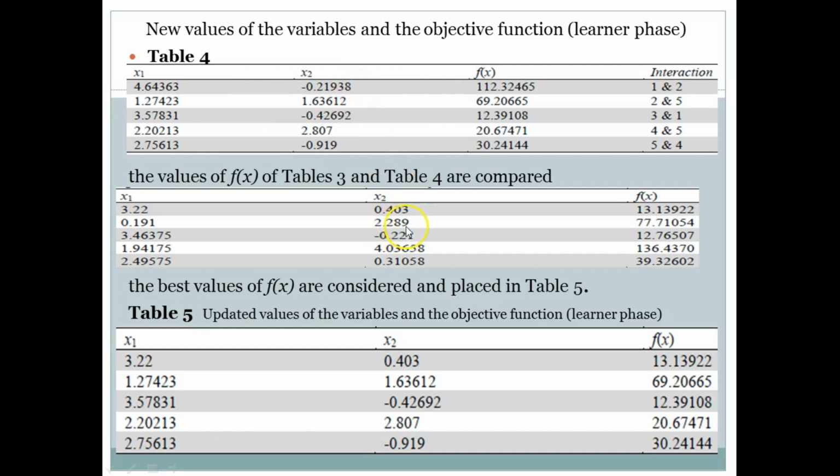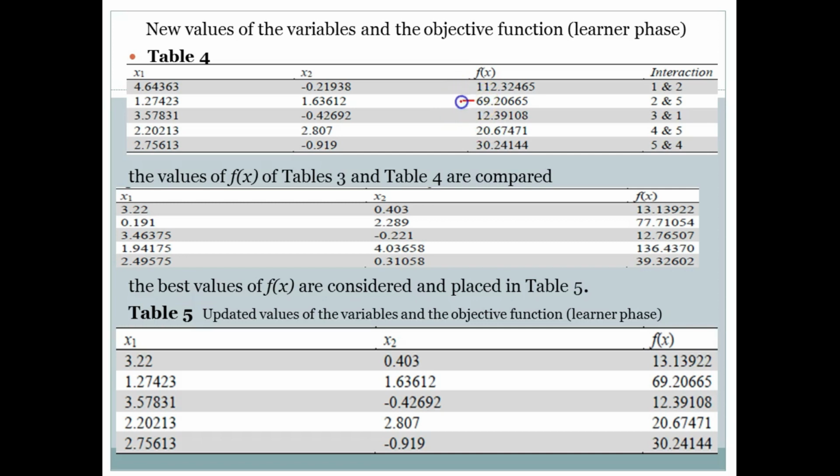So this is your table 3, this is your table 4, and then we will compare, and you can notice that we are not going to improve if we update the value of learner 1, because it's already better than the new result. So we will not take the first value. If you compare the second, third, fourth and fifth, then you can find that all other values are actually updated and give a better result than the previous one.